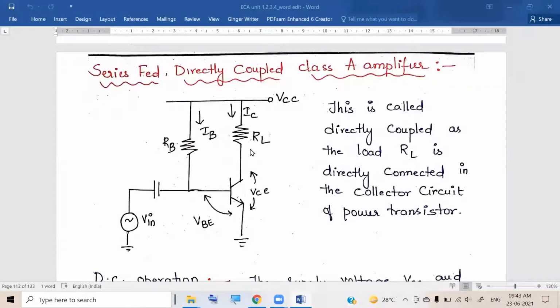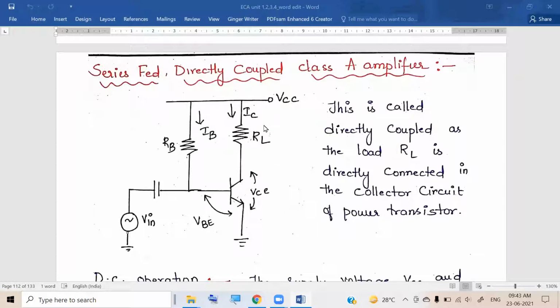Okay, so here, the components that we have in the output loop, the load line, we are dealing with the load, writing the KVL equation in the output loop.